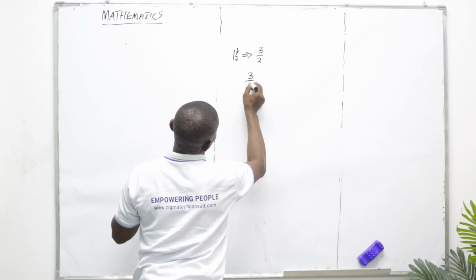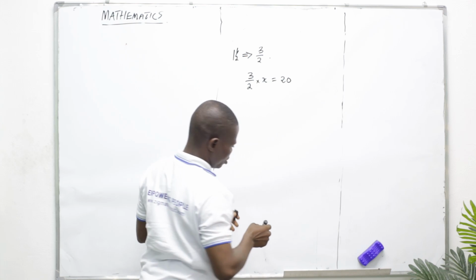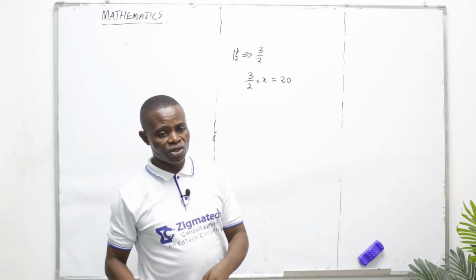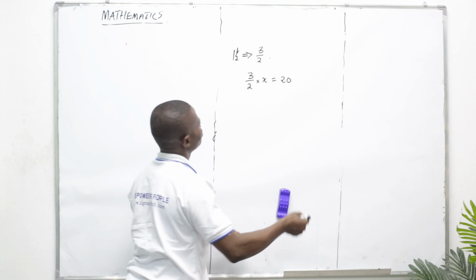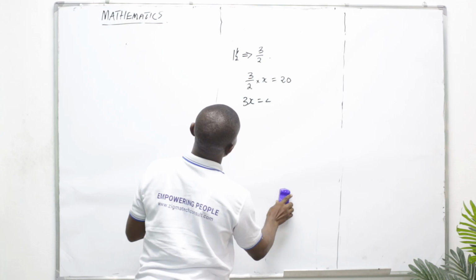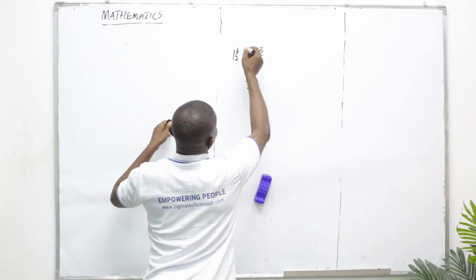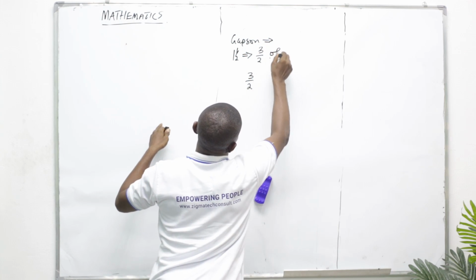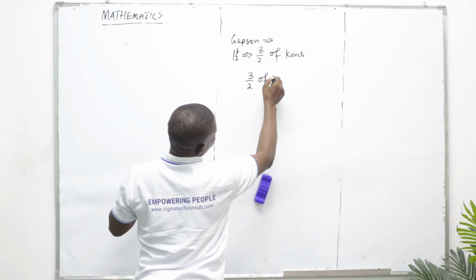Let the age be x. Contour is already 20, so Gabson is 3 over 2 of 20.